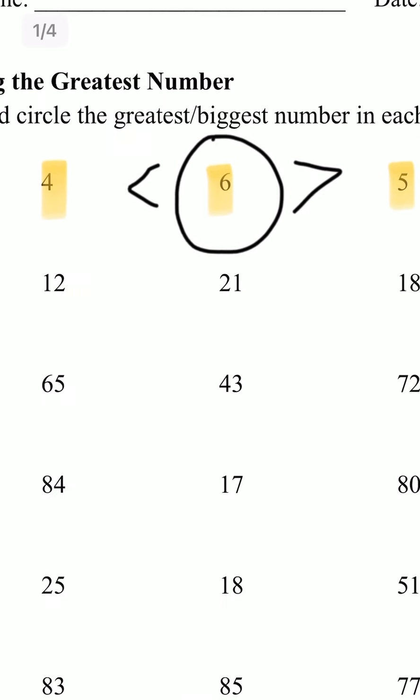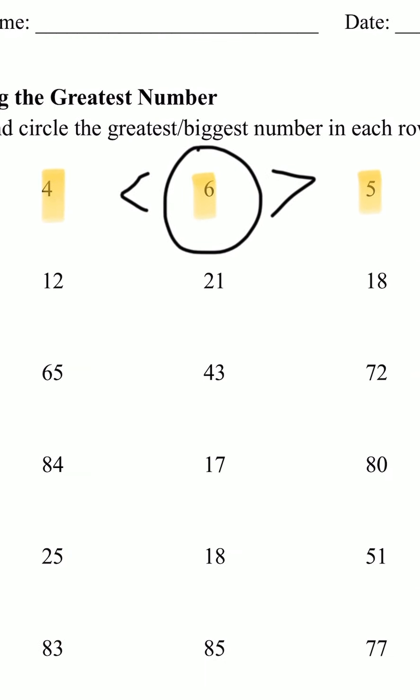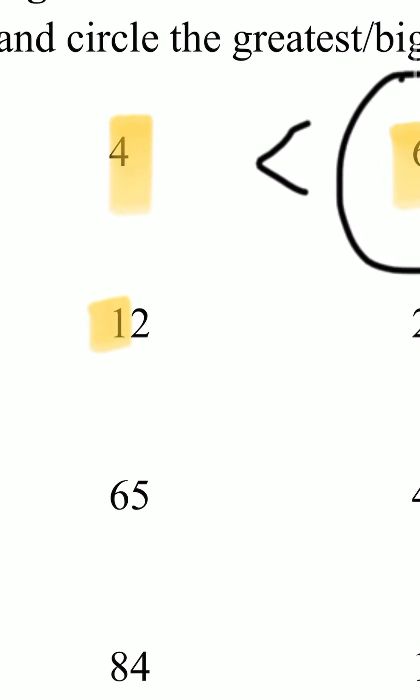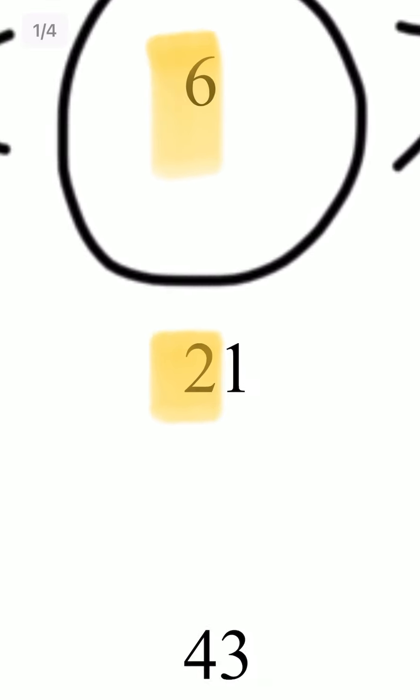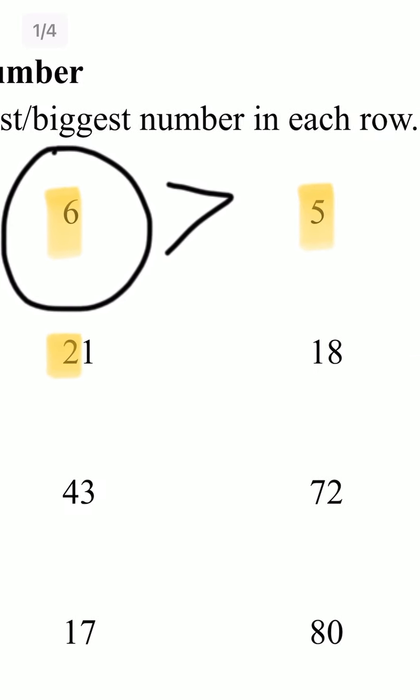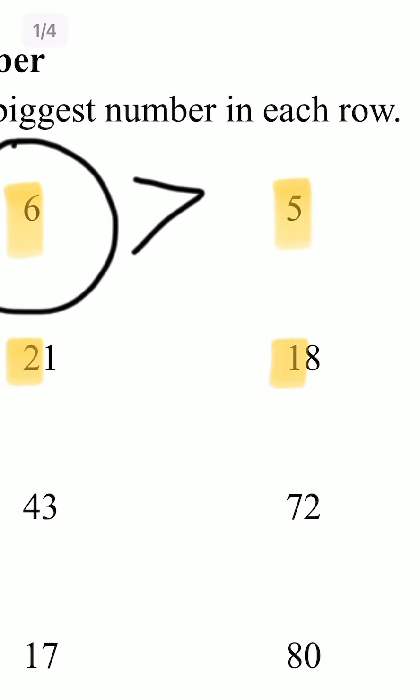Let's look at number 2. For number 2, there are 2-digit numbers. So when there are 2-digit numbers, we need to first look at the tens place and then look at the ones place. So there is 1, the tens place for 12, and the 2 is on the tens place for 21, and 1 is on the tens place for 18.